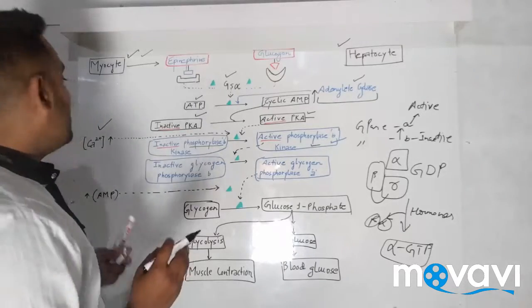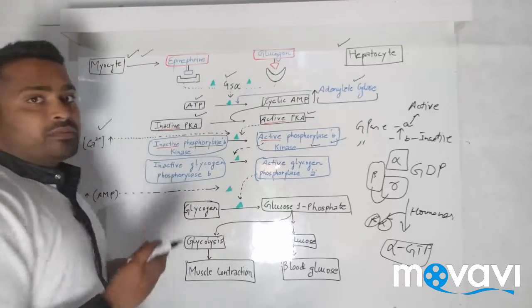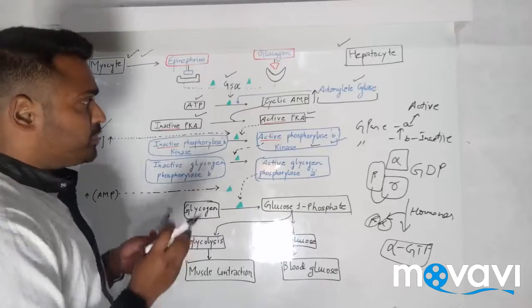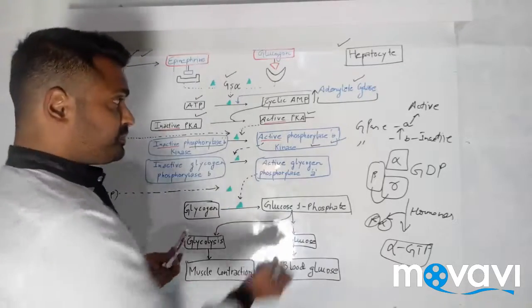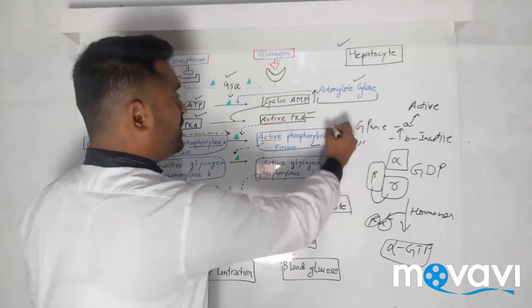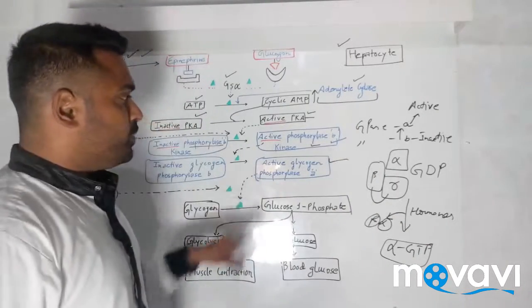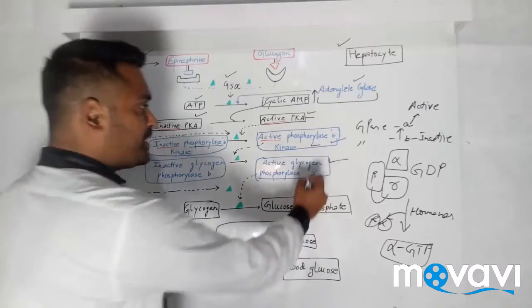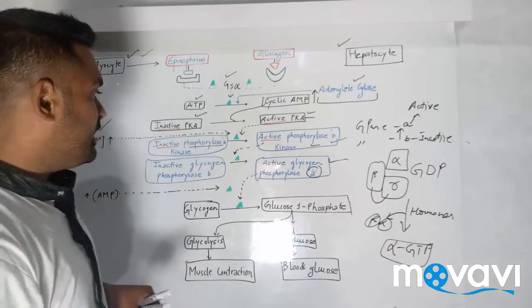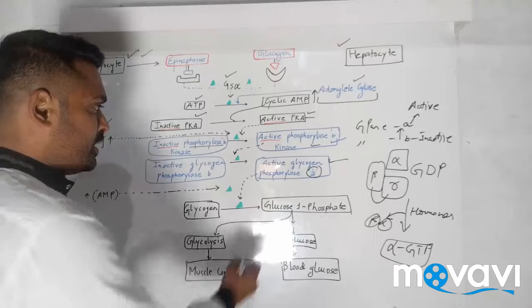When there is an increase in the concentration of calcium ions during heavy work, this is activated. So this is now activated glycogen phosphorylase A. Now it's in A form after its activation.